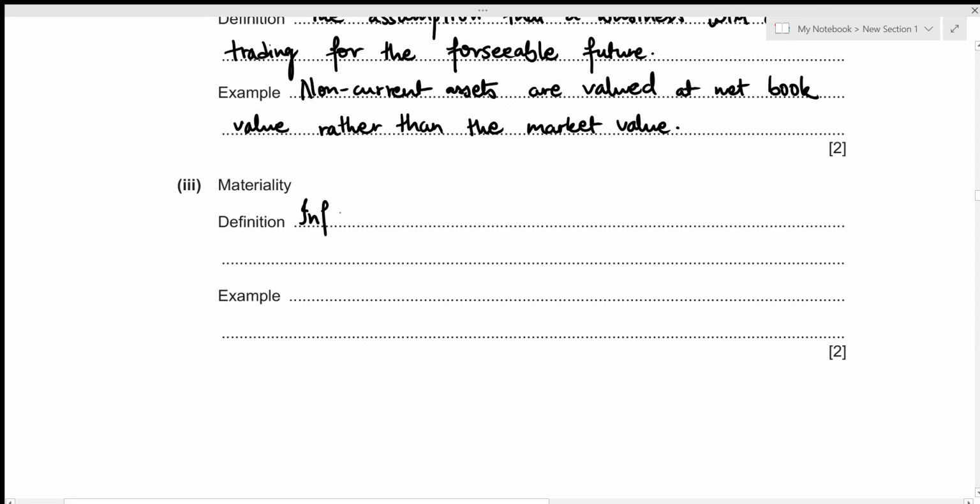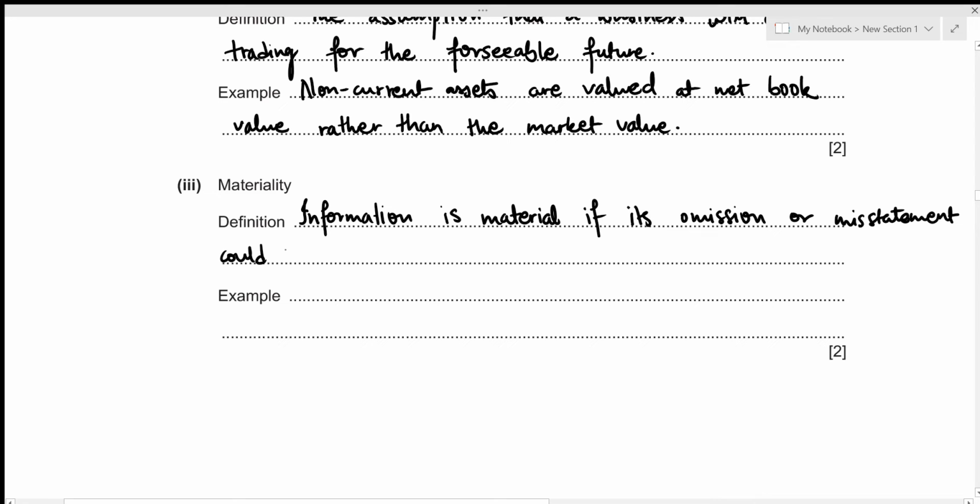So information is material if its omission or misstatement could influence the decisions of users of financial statement.